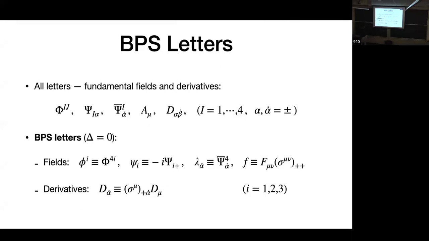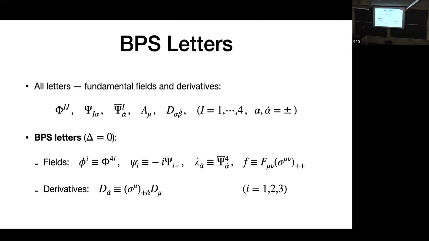So these are all the letters we have in N=4 Yang-Mills. We have 6 scalars, phi ij. These indices i and j are the SU(4) fundamental indices, and this SU(4) is isomorphic to SO(6), the R symmetry of N=4 Yang-Mills. We also have a fermion psi and psi bar, and they carry one fundamental index and also a spinor index alpha, and the antichiral spinor index alpha dot.